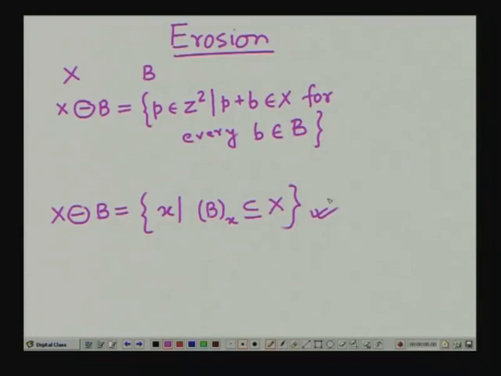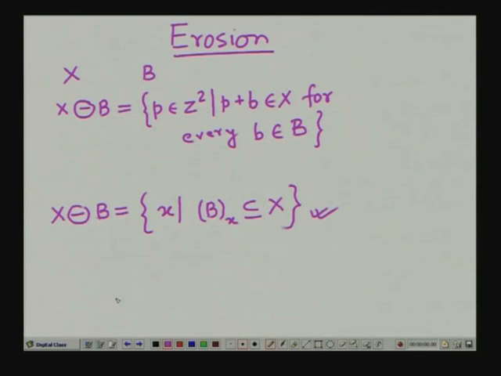So, that is what is meant by this definition: it is the set of all translations such that the structuring element translated by that translation vector is a subset of our given image X.